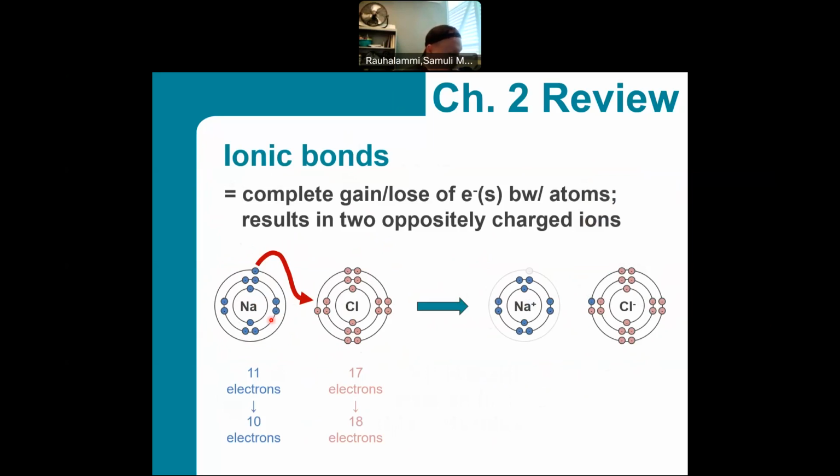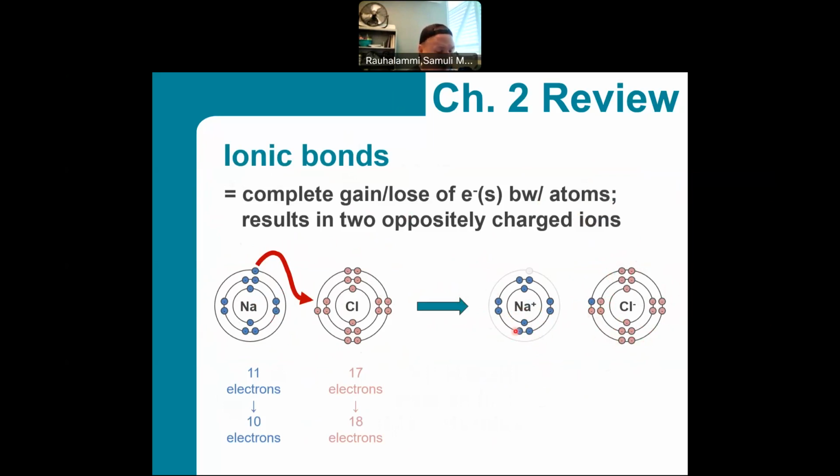on its nucleus. So as a result now, there's an overall slightly more positive charge with this sodium that we're seeing here. Similarly, chloride now gained an additional electron, which introduced an additional negative charge to this chloride atom.